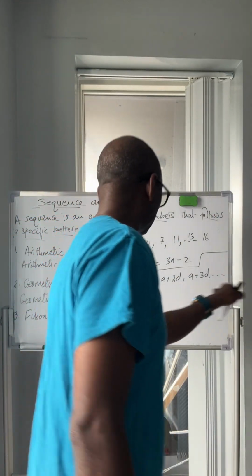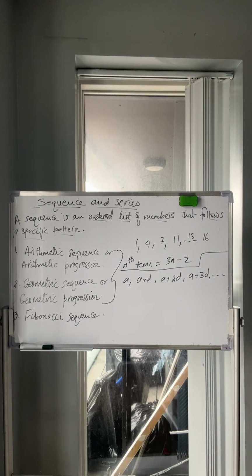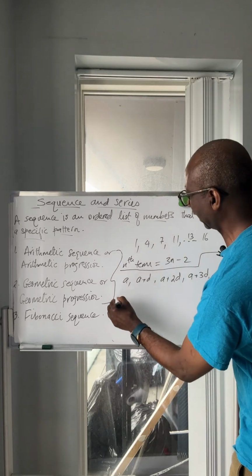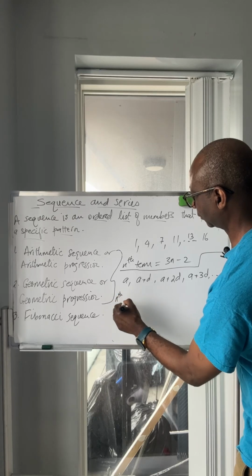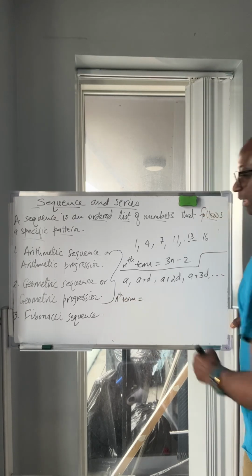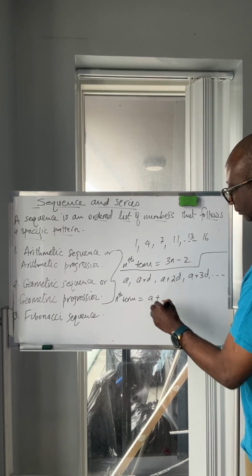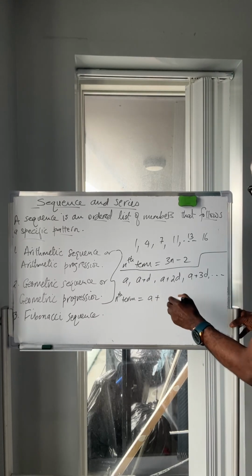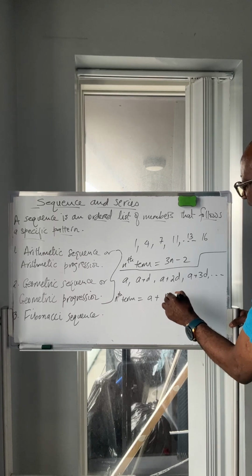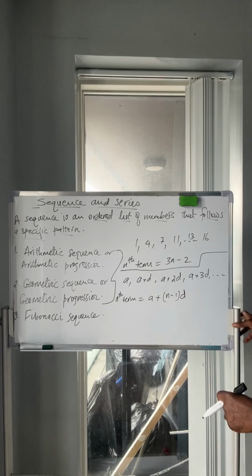But suppose now we have this sequence. How do we find the nth term here? For this one, the nth term is equal to the first term plus the (n minus 1) times the difference.